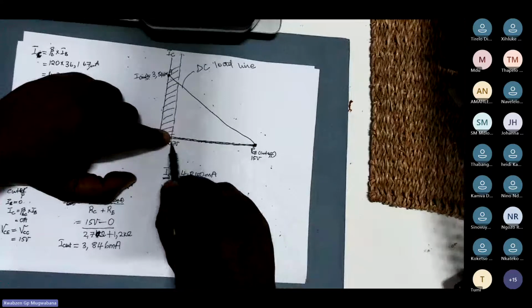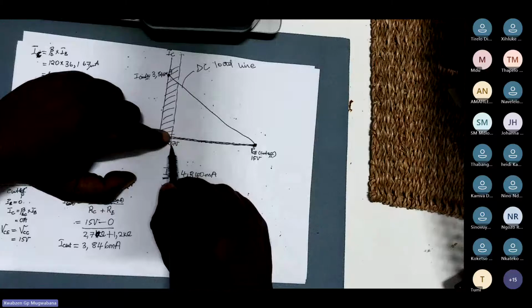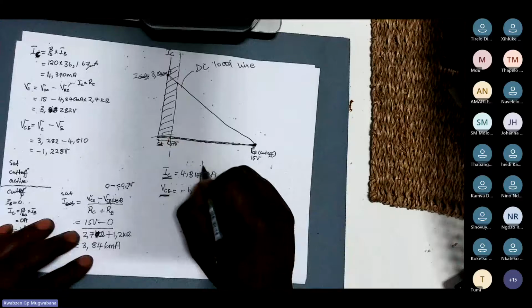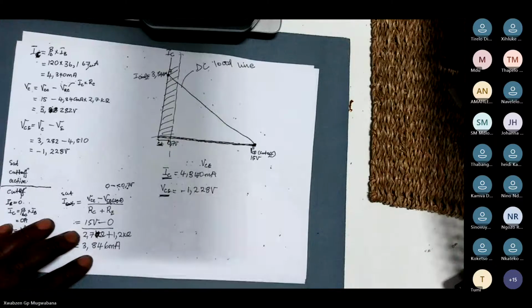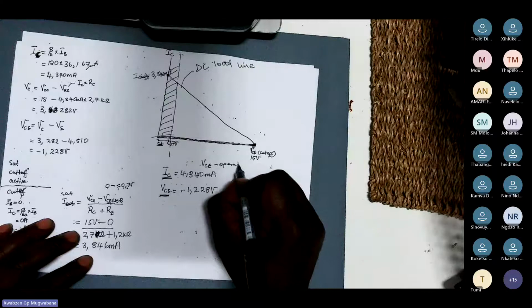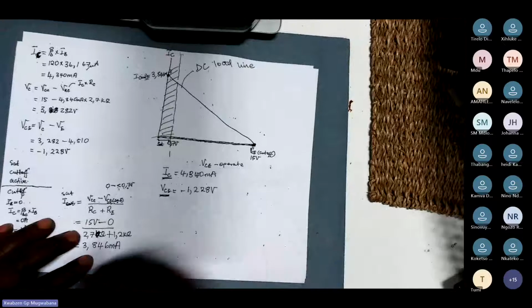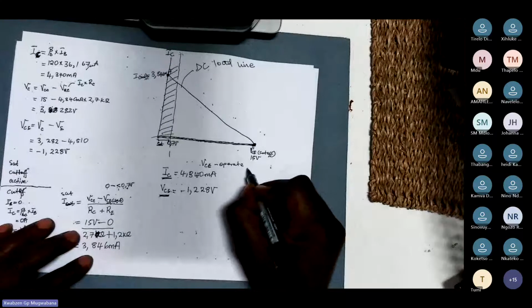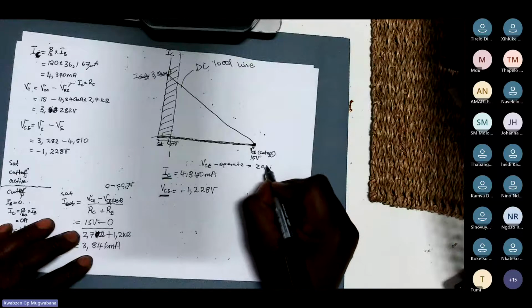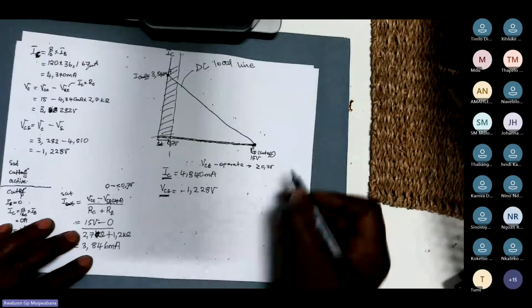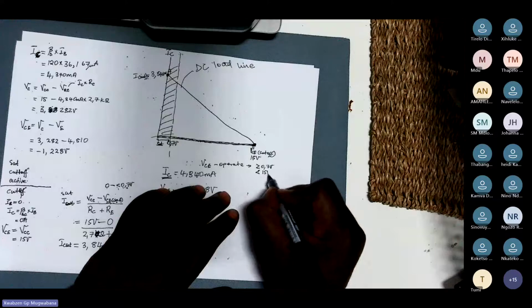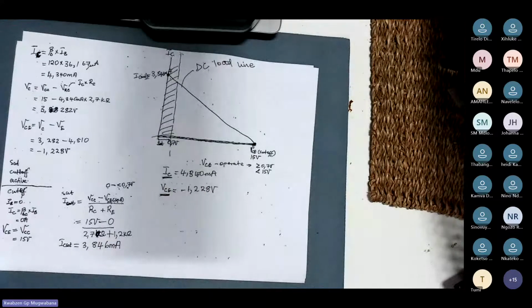It must be greater or equal to 0,7 and less than 15 volts. Do you understand that part?